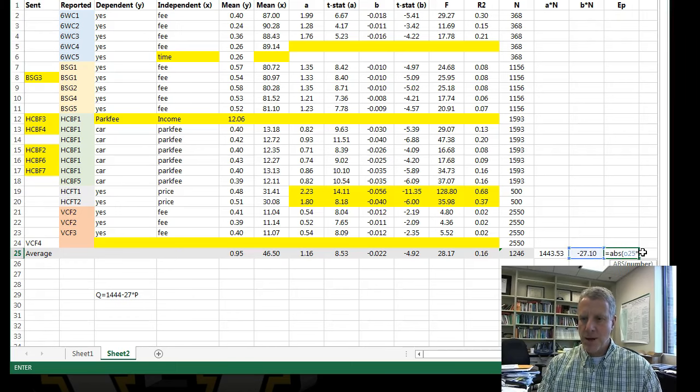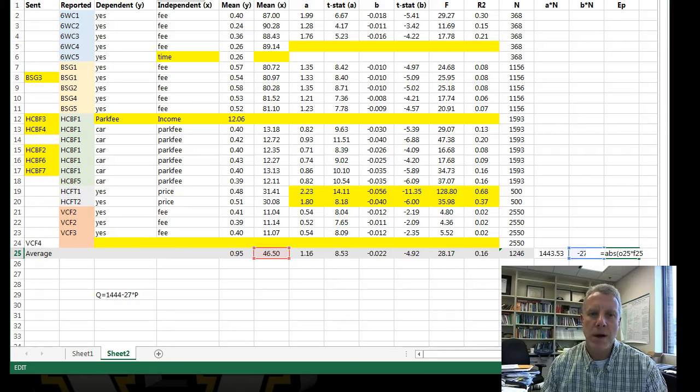And then that's multiplied by the mean of the price and quantity. So the mean of the price is found over here, the mean of X. So that's 4650. So I'm going to call that F25. And then we divide that by the mean quantity, the average quantity. So the average quantity from your calculation is 0.95, but you don't want to use that because that is the individual demand average.